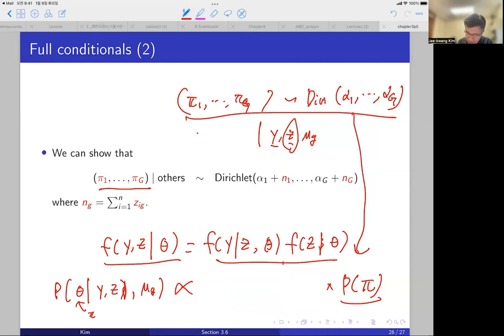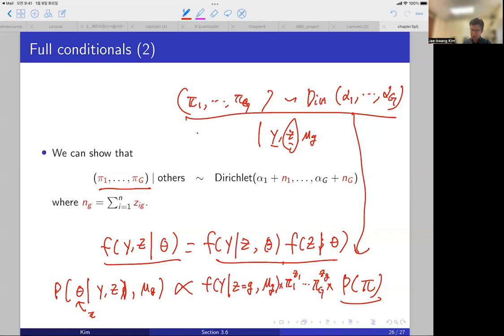We have y given z equal g, for each g, and then it depends on mu. And given pi, z, we have a multinomial, so essentially pi 1 c1, dot dot dot, pi g cg.